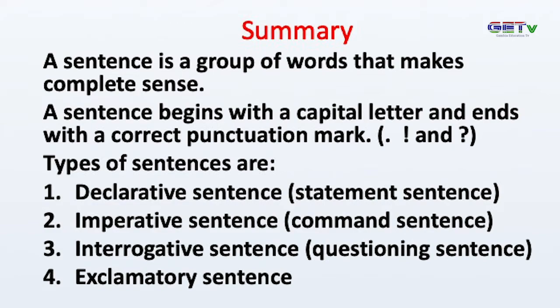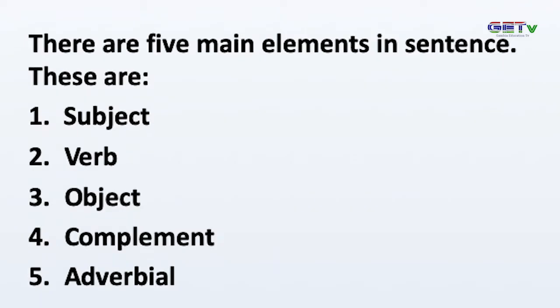So the types of sentences we have are declarative sentence, imperative sentence, interrogative sentence, exclamatory sentence. There are 5 main elements in a sentence. These are subject, verb, object, complement, and adverbial.